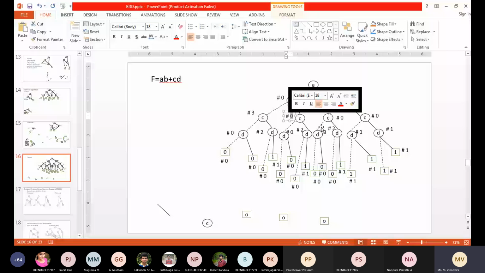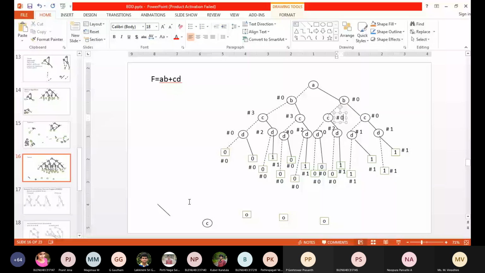Okay. Next, Sai Rohit. Manasa. Yes, ma'am. Manasa, what is the third C? 3, ma'am. 3.